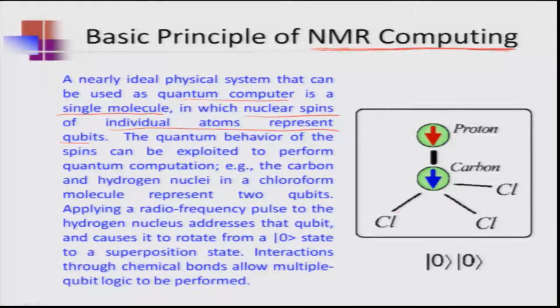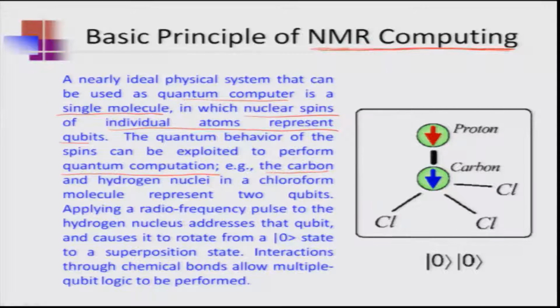When the radio frequency pulse is applied, it is going to act on the spin of the proton only, because the rest of them do not matter, but the carbon spin with respect to the proton spin will have 2 different conditions, and based on that this particular molecule can act like a quantum computer. So, the quantum behavior of the spins can be exploited to perform quantum computation.